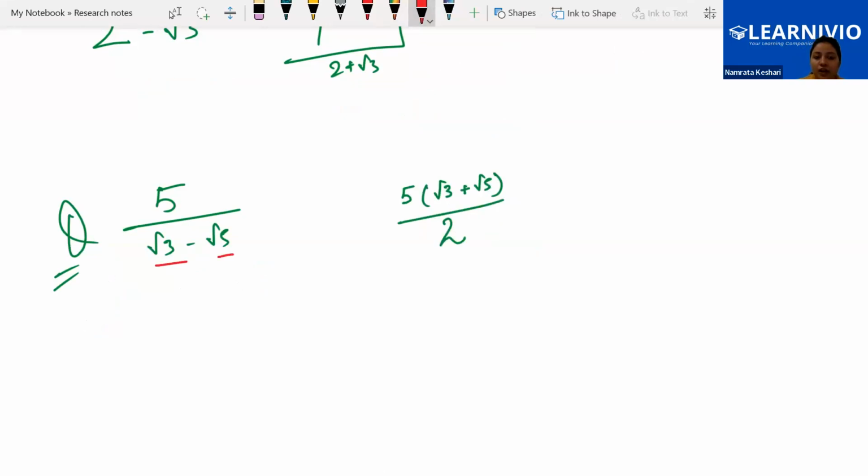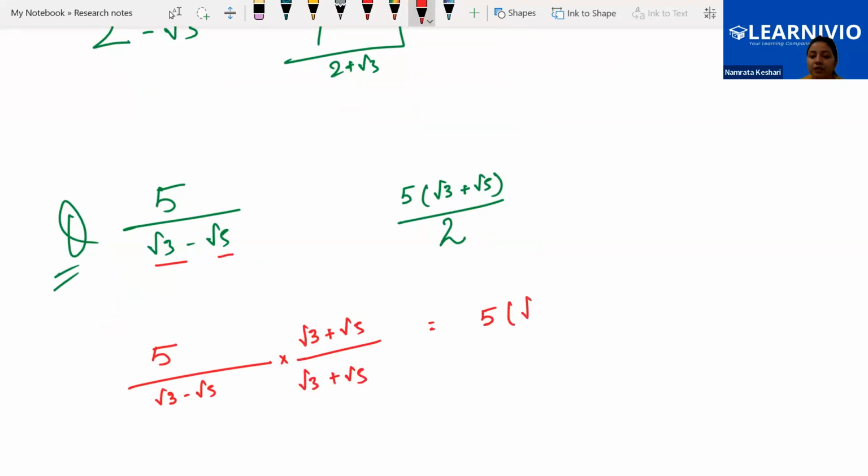Since it is x minus y, it is a type 2 problem. What we will do is try to make the formula of x square minus y square. So root 3 minus root 5 is there, so we will multiply with root 3 plus root 5. It will become 5 times root 3 plus root 5 in the numerator, and in the denominator it became root 3 square minus root 5 square.